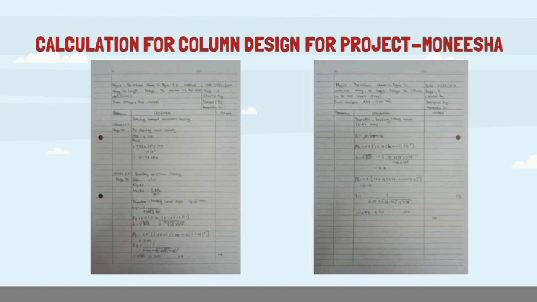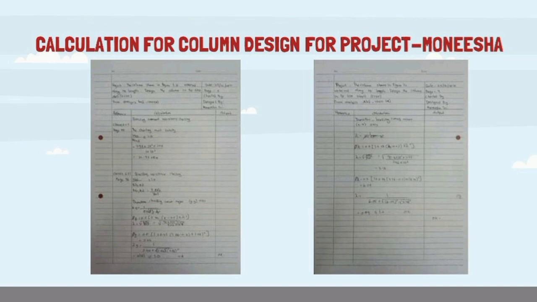Chi equals 1 over phi plus square root phi squared minus lambda squared. Phi equals 0.5 bracket 1 plus alpha bracket lambda minus 0.2 close bracket plus lambda squared.